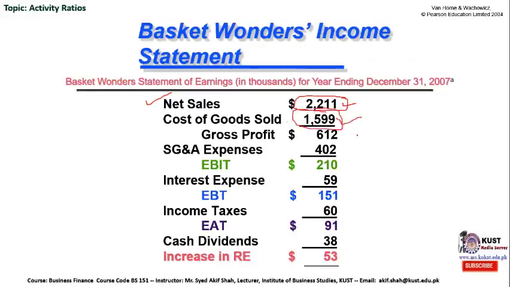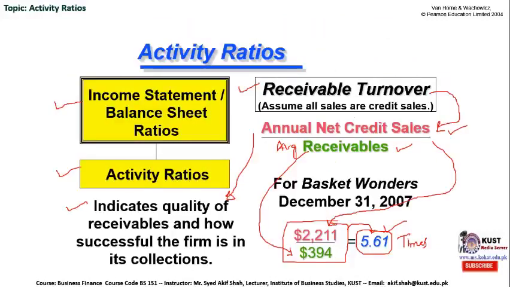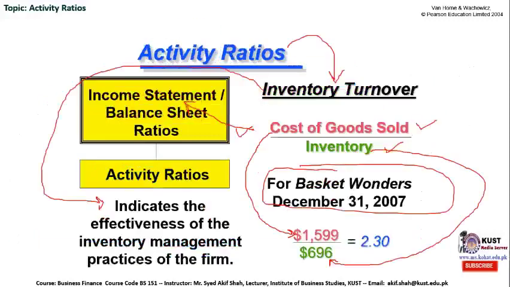So let's move ahead towards the calculation of inventory turnover. Finally, after a simple division, we come up with 2.3 times. What does it mean?